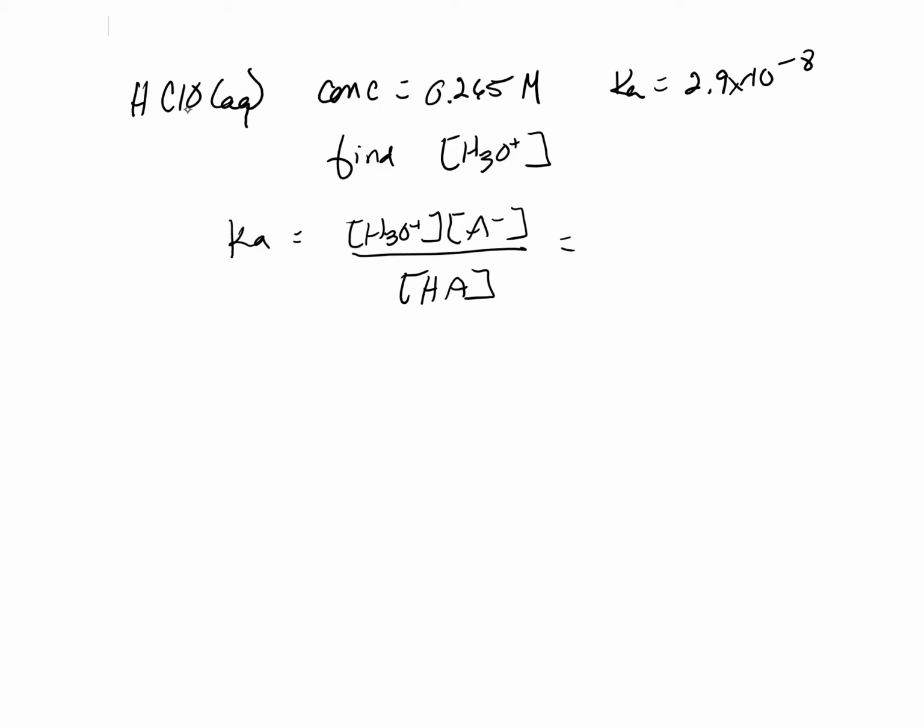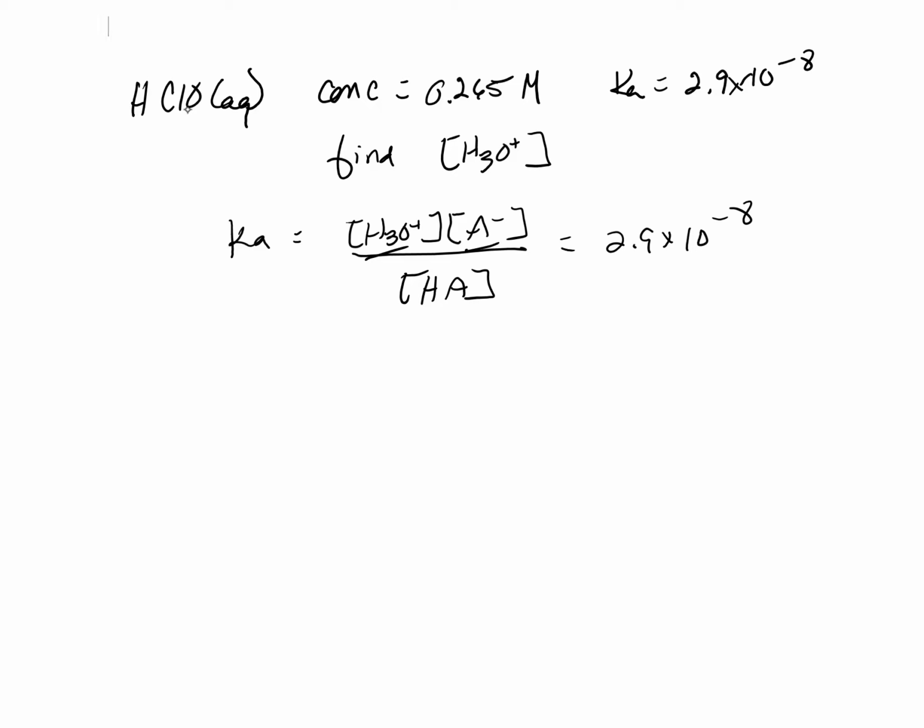Ka in this particular case is going to be 2.9 times 10 to the minus 8th. We also know our initial concentration of HA before there's any dissociation. That's going to be 0.265. What we don't know is the concentration of either our hydronium or our conjugate base, which are equivalent.